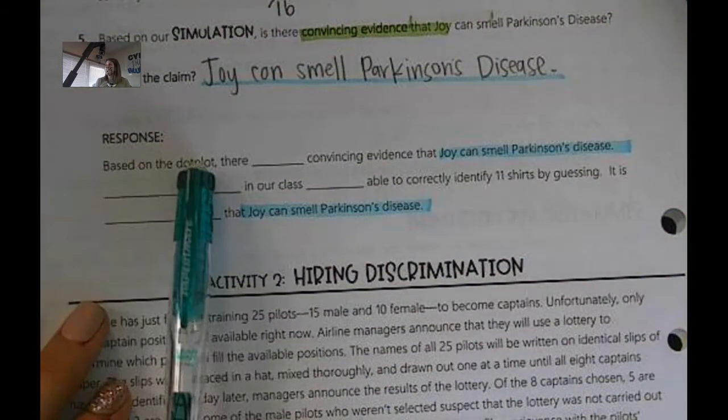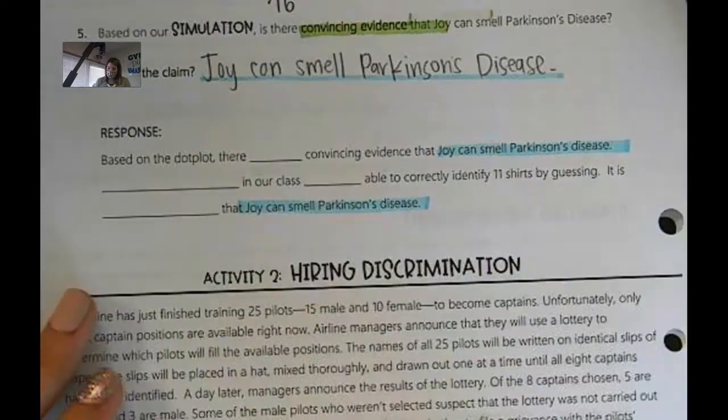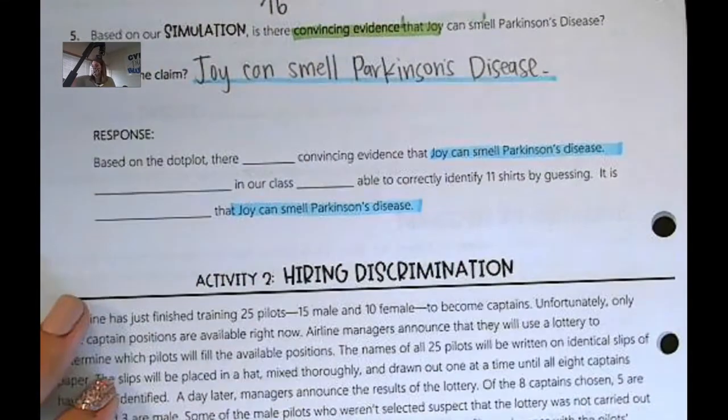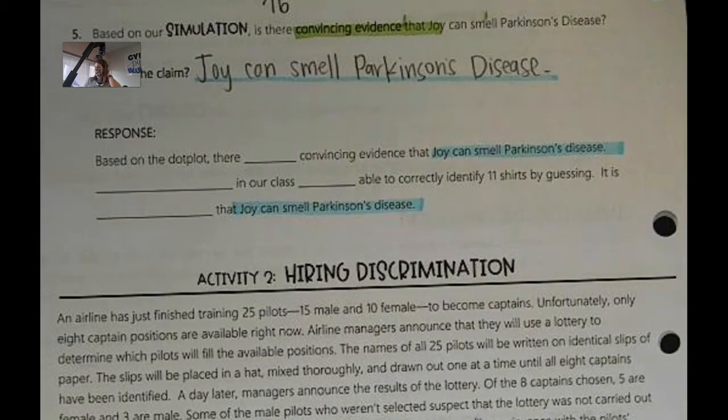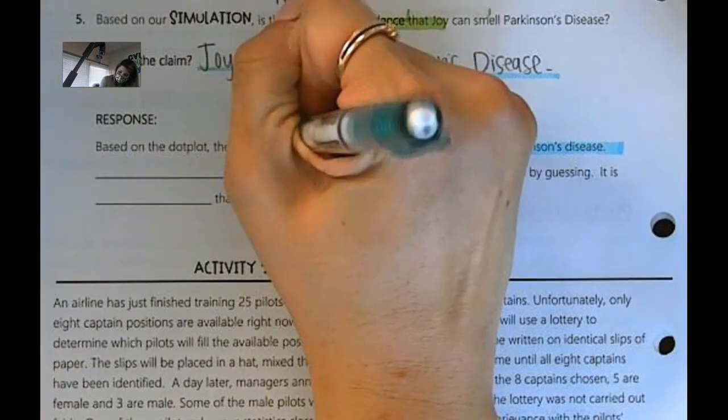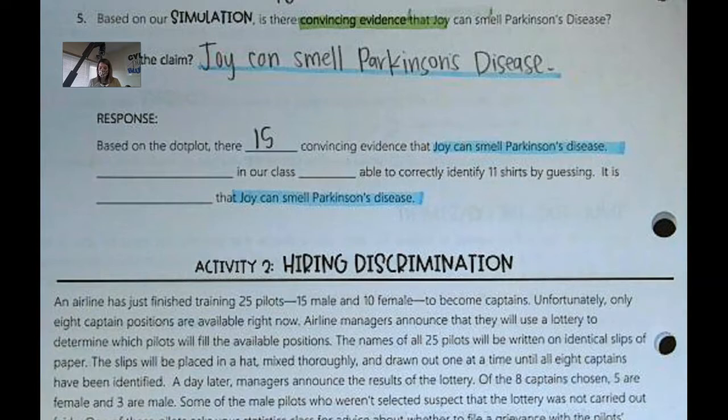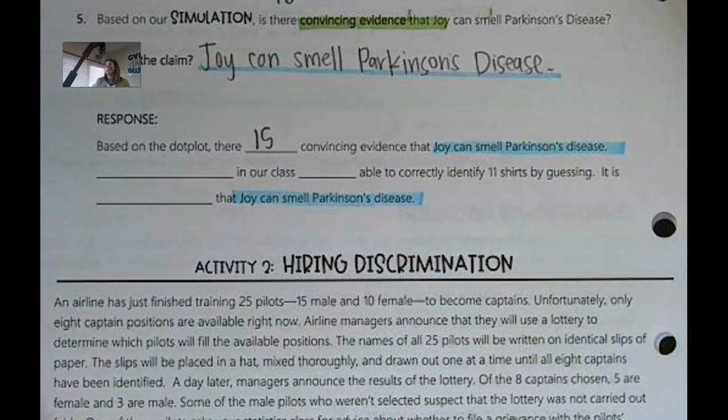So, based on the dot plot, there, I believe that is not, I just want to make sure. Oh, there is, sorry. There is convincing evidence that Joy can smell Parkinson's disease.